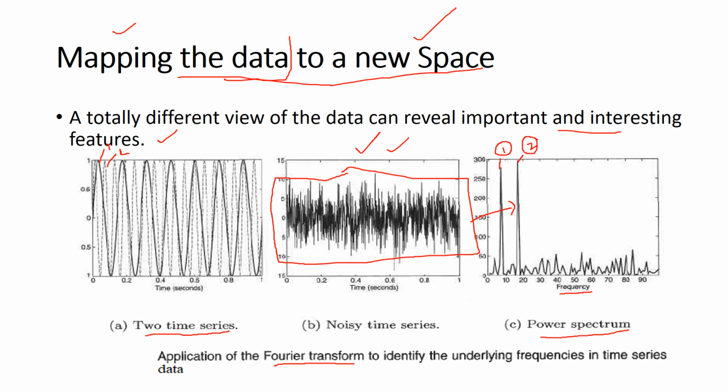This new feature, which is constructed from the existing data, is many times very helpful in the data mining process. So this is how mapping the data to a new space is helpful in data mining. This is the second technique that we use for feature creation.